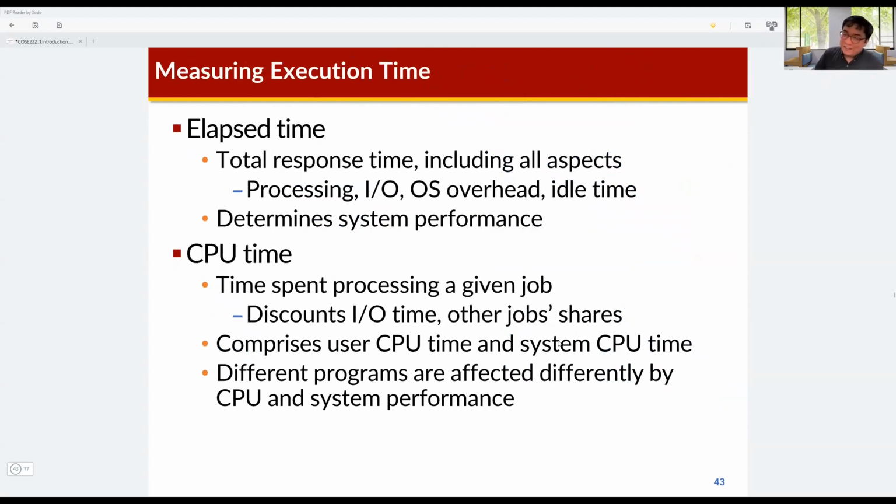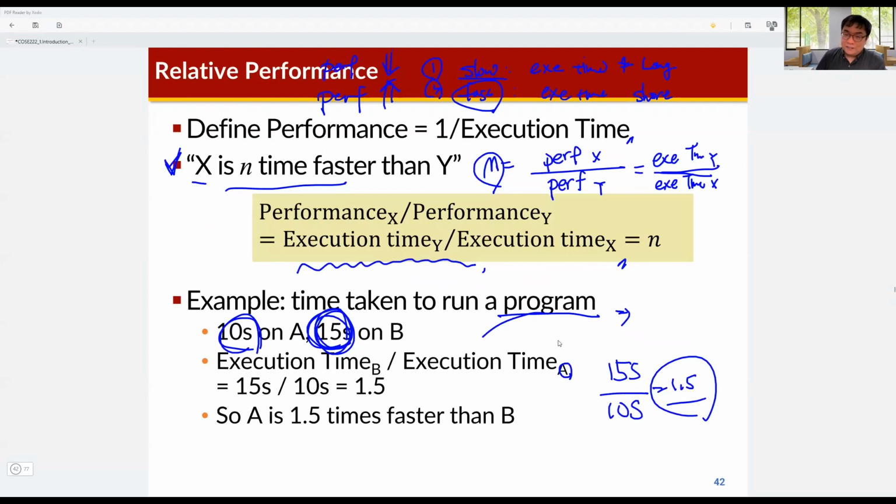Okay. Then how can you measure the execution time? To compare the performance of two different computer systems, we need to measure the execution time. And I said, oh, it's easy. It's the time gap between the start and the end of the application.